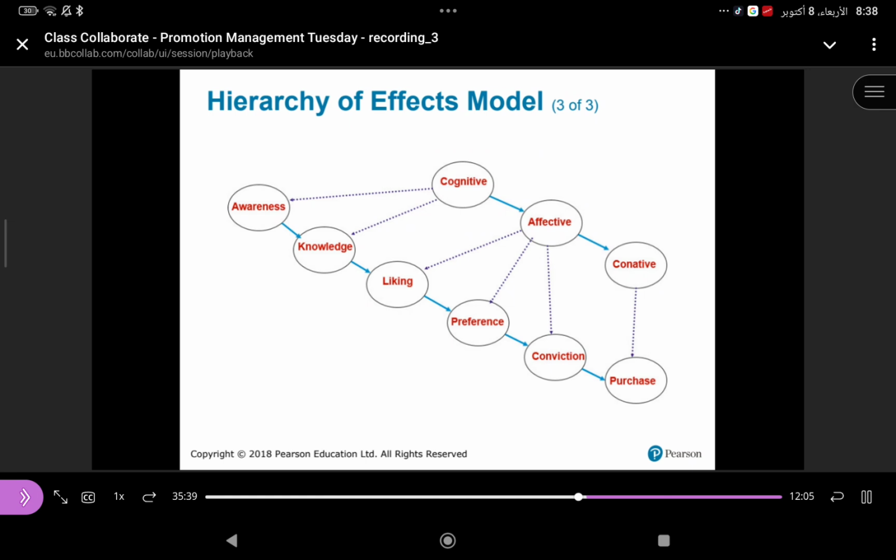And this is a picture of the hierarchy of effects model, starting with the cognitive, which has two parts, awareness and knowledge. Then you have affective, linking preference and conviction. For conative, you have purchases. So these are the different steps.